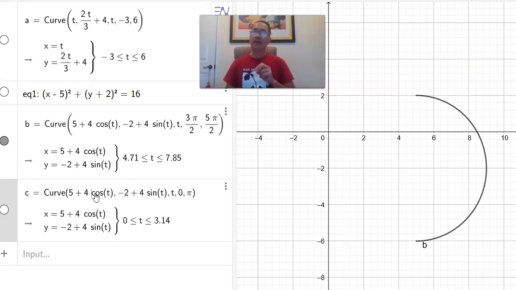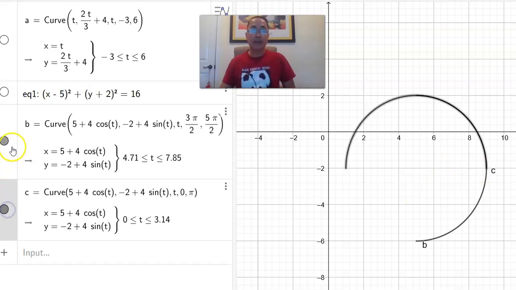So we now need a trig function that will have value of 4 at t equals 0, and that's what we put on the y, forcing it to go down instead of up. Here, the 4 cosine makes you go to the right by 4.